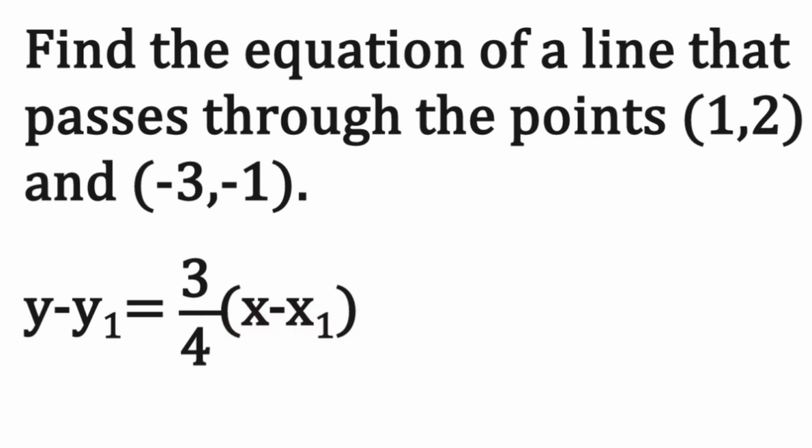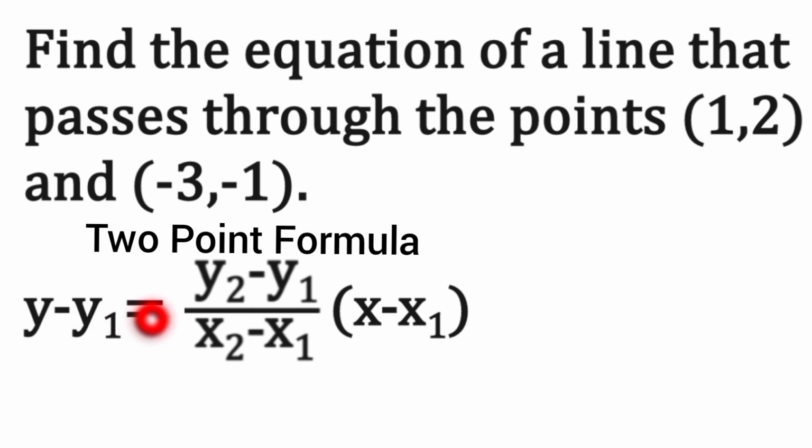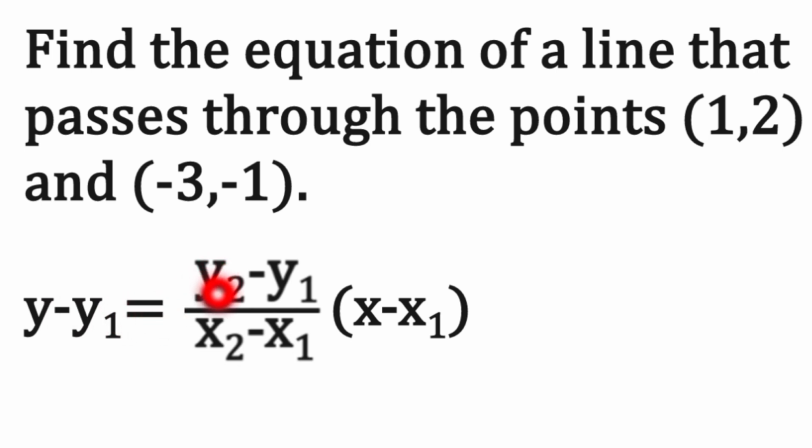We can also solve for the slope using the 2-point formula, which is y minus y1 equals, instead of m, the equivalent of m, which is y2 minus y1 over x2 minus x1, times quantity x minus x1.